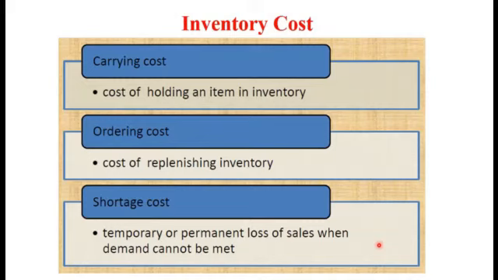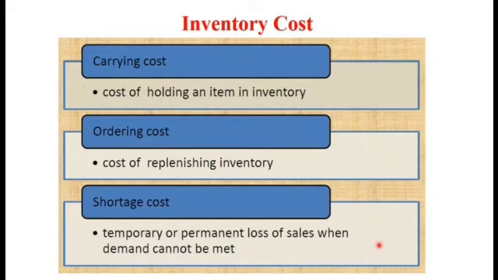Then inventory cost. Inventory cost comes into three categories: carrying cost, ordering cost, and shortage cost. Carrying cost is the cost of holding an item in inventory in the industry, that is, the holding cost of components in stock.